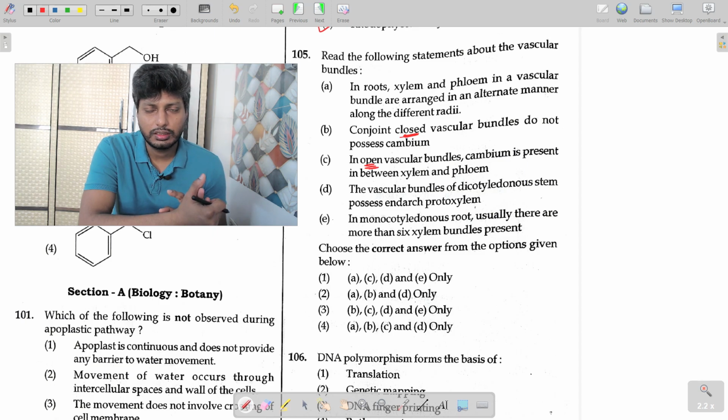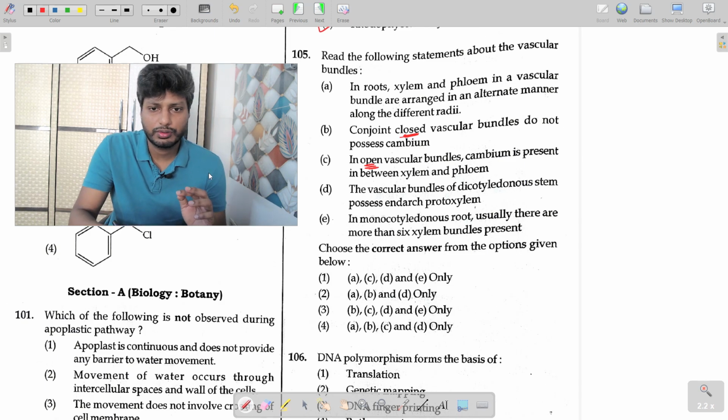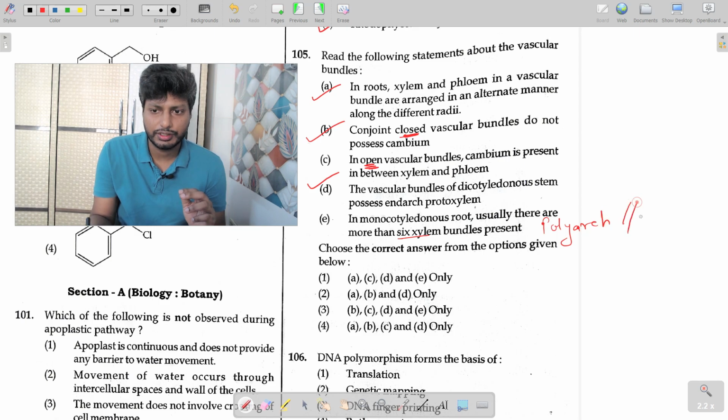So let's consider this as an ambiguous question, dear students, because I think here A is right, B is right, D is absolutely right, and E is also right, because they are saying that in monocot there are usually more than 6 bundles. This is basically a polyarch condition. We all know this is a polyarch condition. So this has to be right, right?